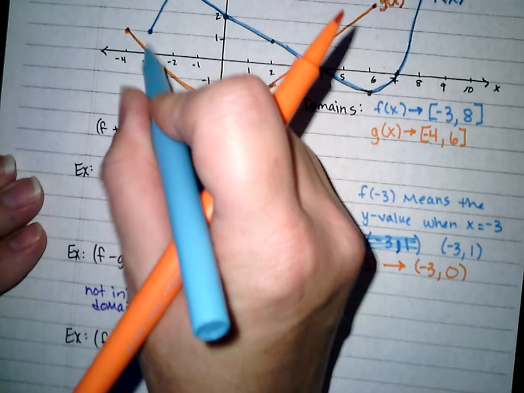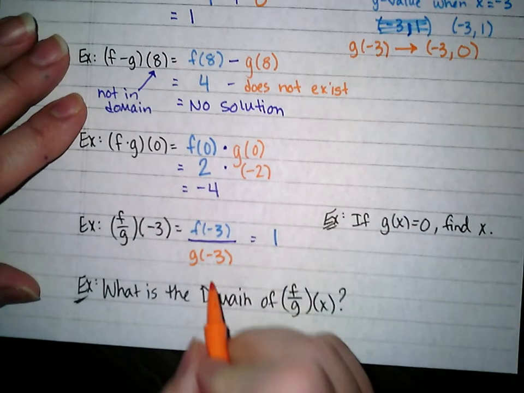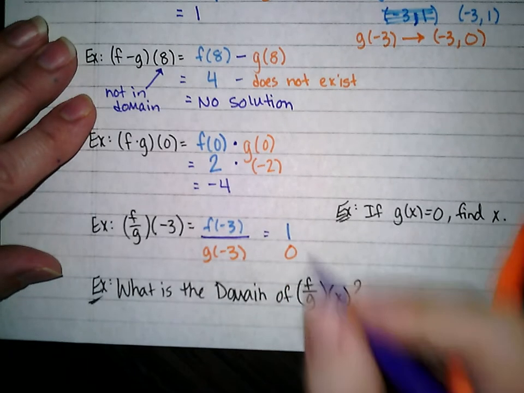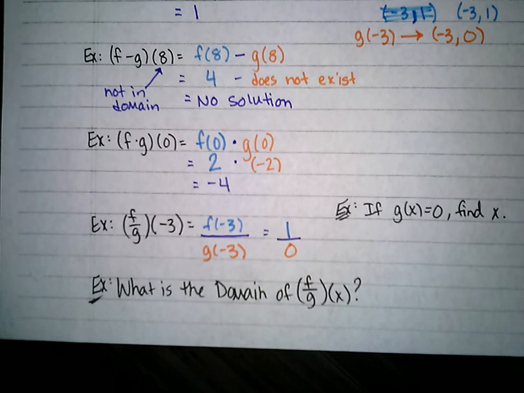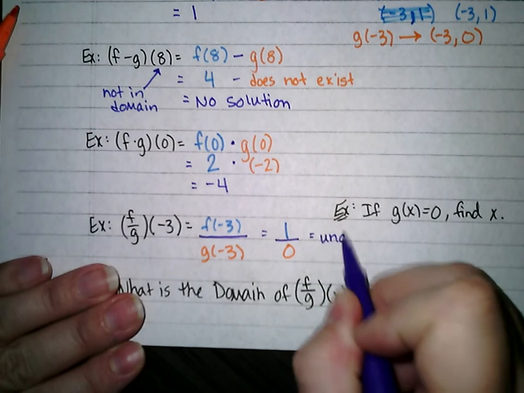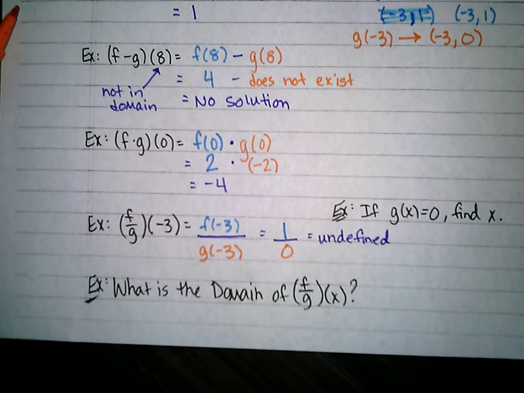So when x is negative 3, the y value is 1. And then g of negative 3, when x is negative 3, what is the y value? It is 0. So we're asking it to do 1 divided by 0. And remember that that is a no, so that is undefined, or no solution on that one.